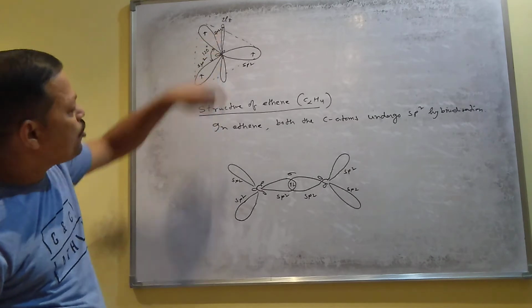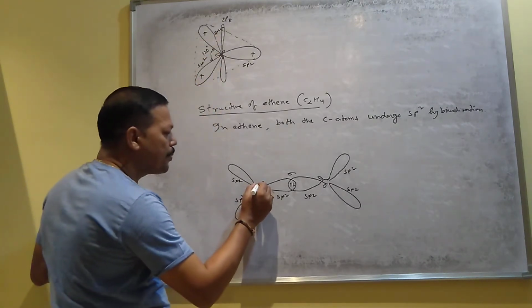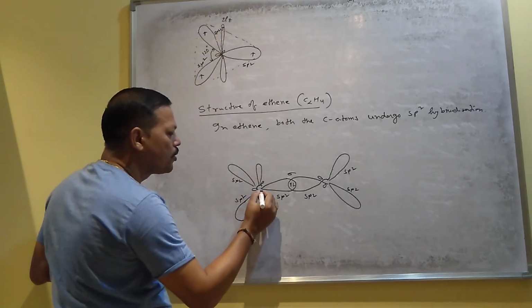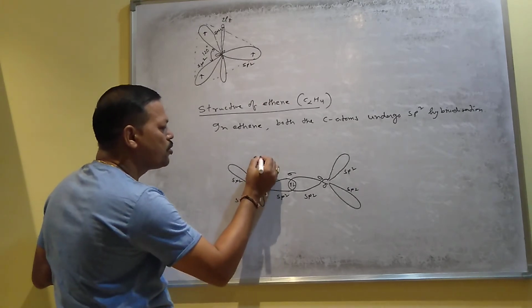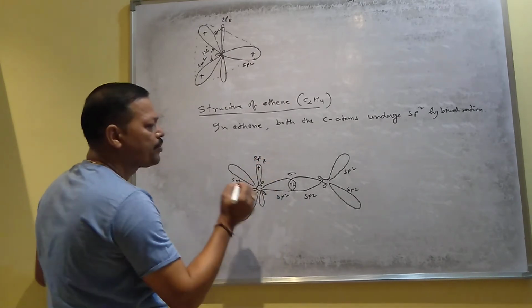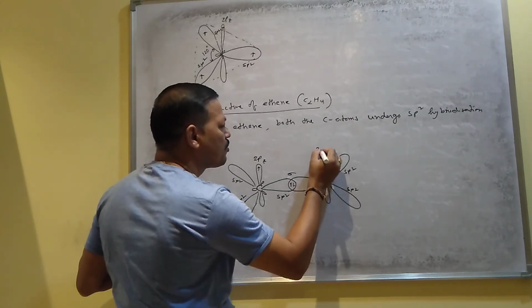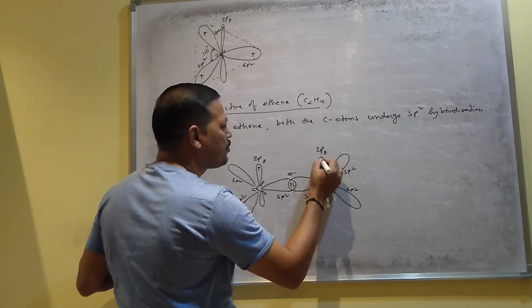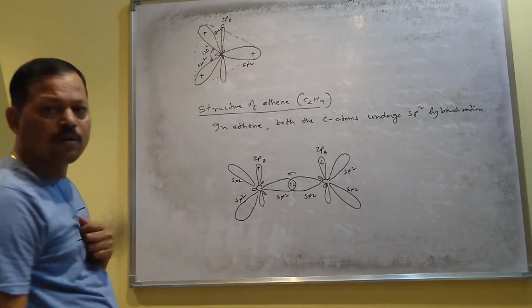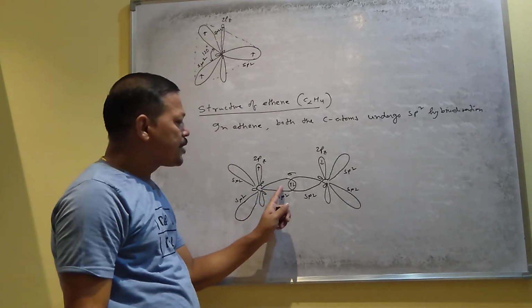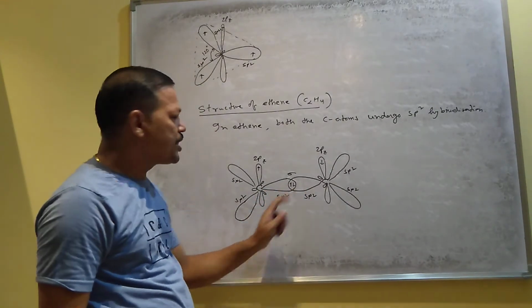And the unhybridized orbital 2pz lies perpendicular like this. So this is your 2pz for this carbon, and this is your 2pz for this carbon. Now this sp2 overlaps with this sp2, it produces a sigma bond.